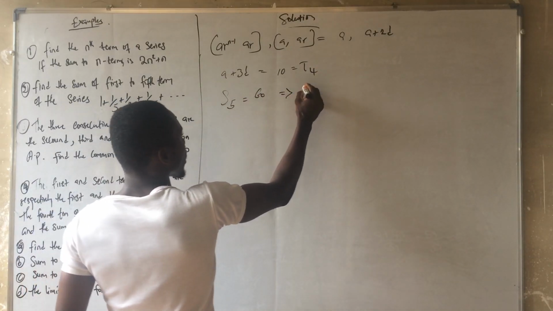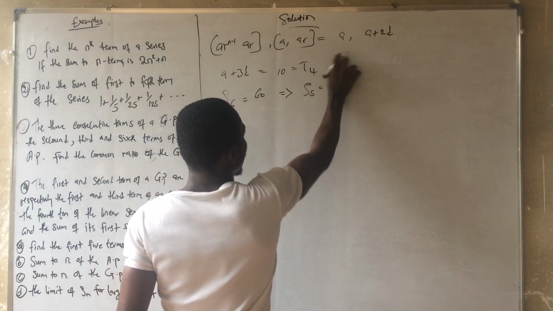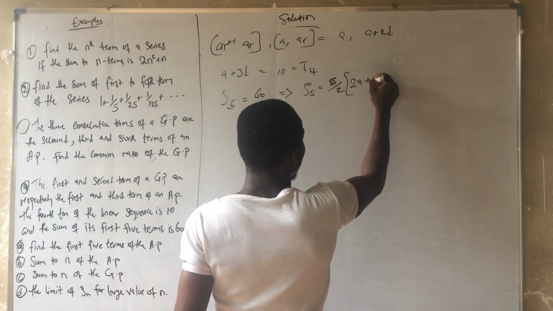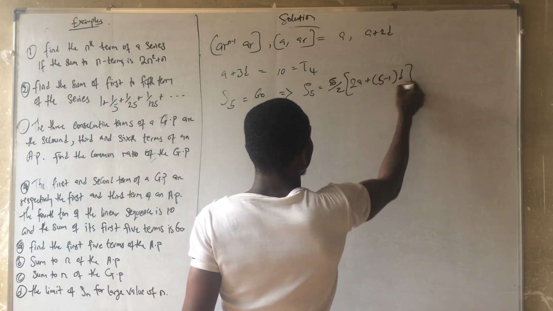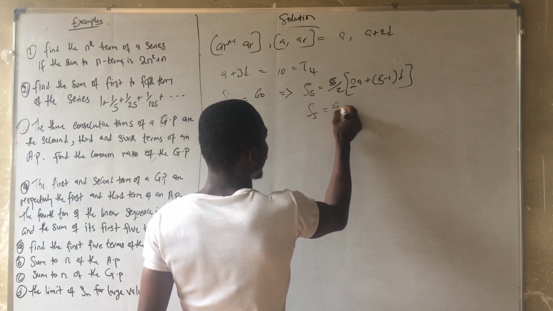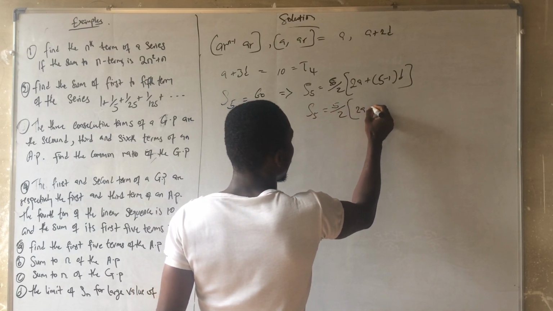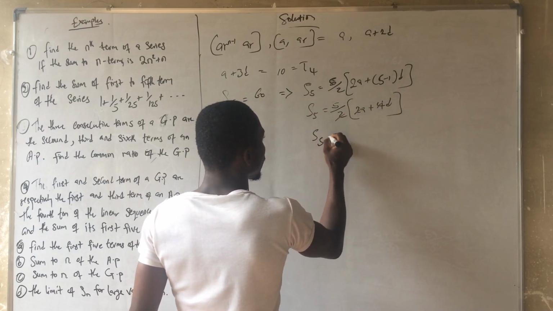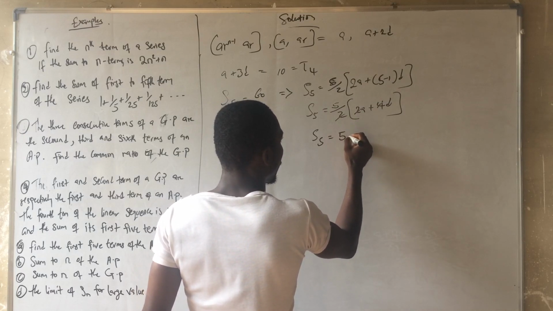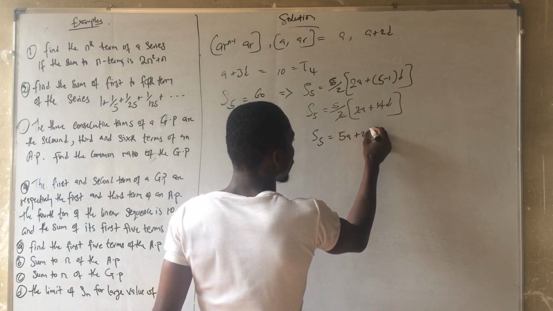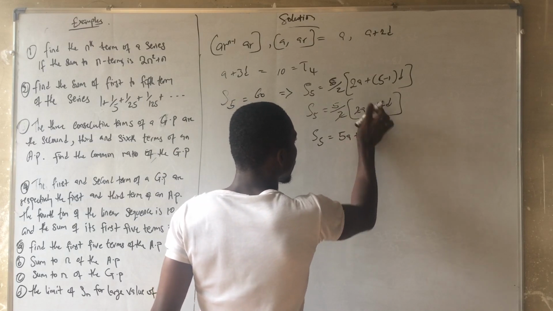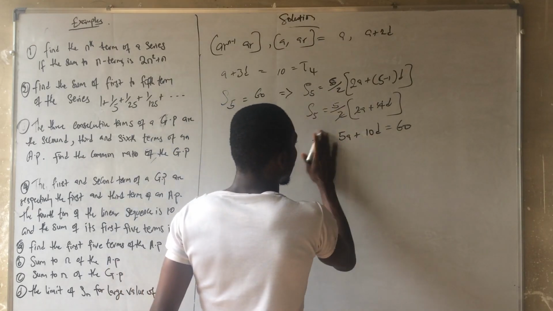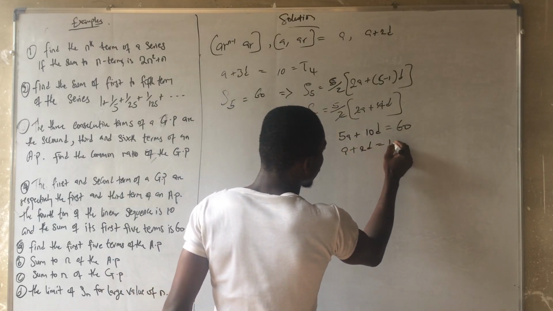This implies that S5 is equal to 5 over 2, bracket 2A plus 5 minus 1 D. This is 5 over 2 times 2A plus 4D, so we have 5A plus 10D equal to 60, meaning that A plus 2D is equal to 12.